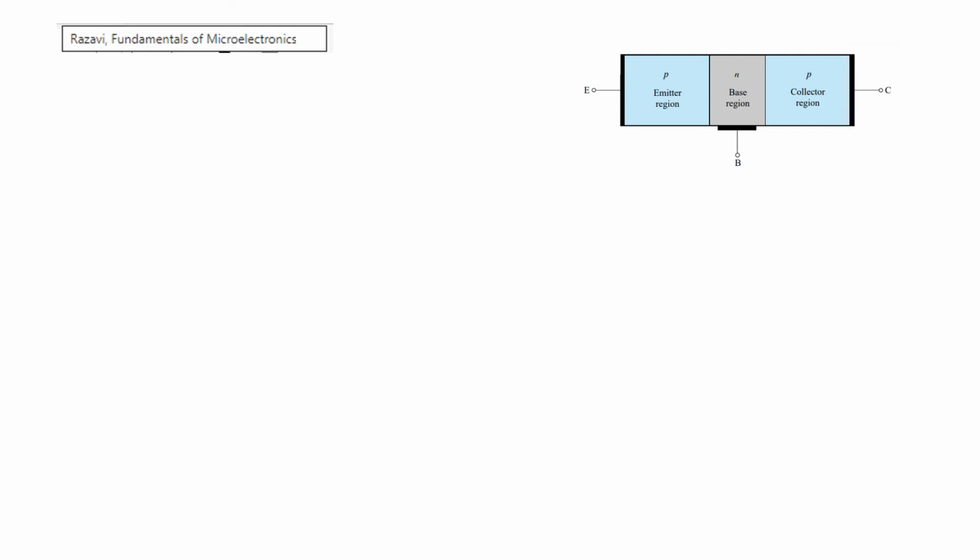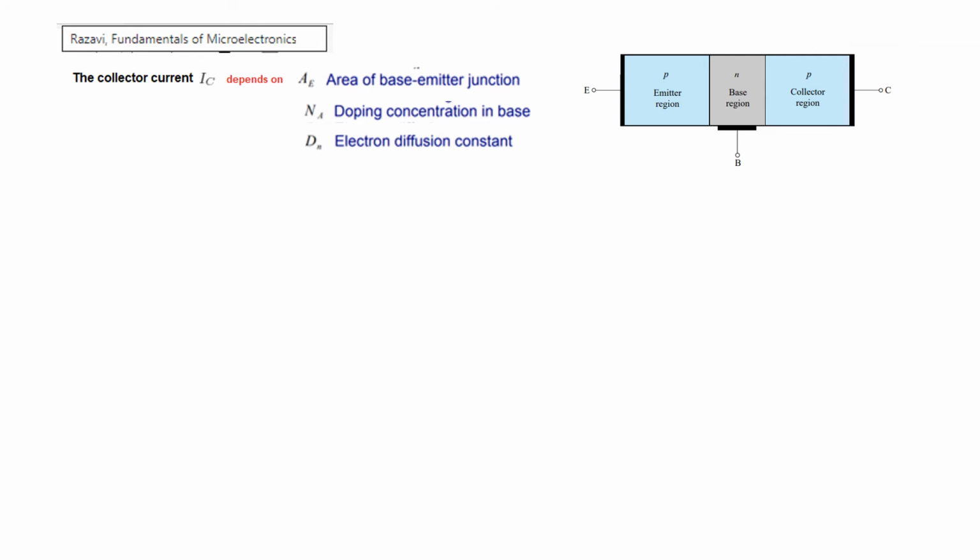Based on his writings, I conclude that the collector current IC depends on the area of the base emitter junction, AE. This is the base emitter junction area. Doping concentration in the base. Then the electron diffusion constant.